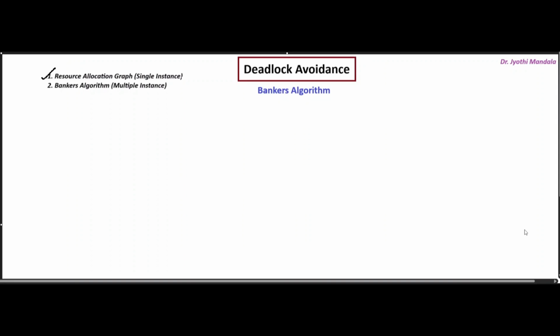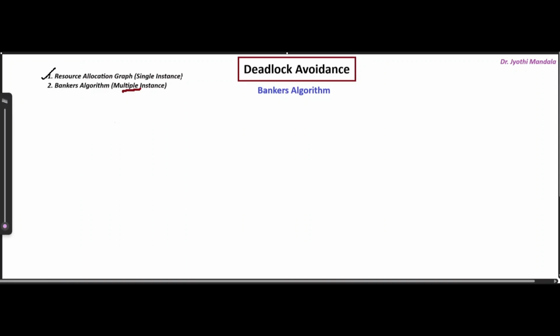So I'll quickly tell you, Banker's algorithm will be applicable if you have multiple instances of your resources. I hope you all are clear how the single instance approach, that is your resource allocation graph, can be used. So today we will see how the Banker's algorithm can be used for multiple instances.